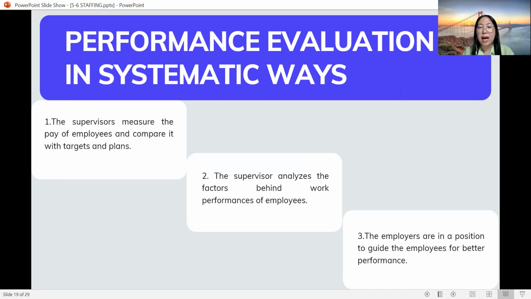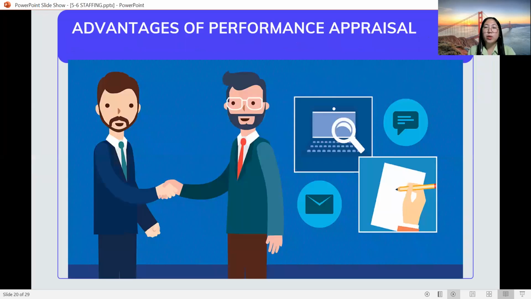So with this systematic way, we have three systematic ways as we have here on your screens of the performance evaluation. So we have also the advantage and disadvantages of this one. So number one is on your screen.